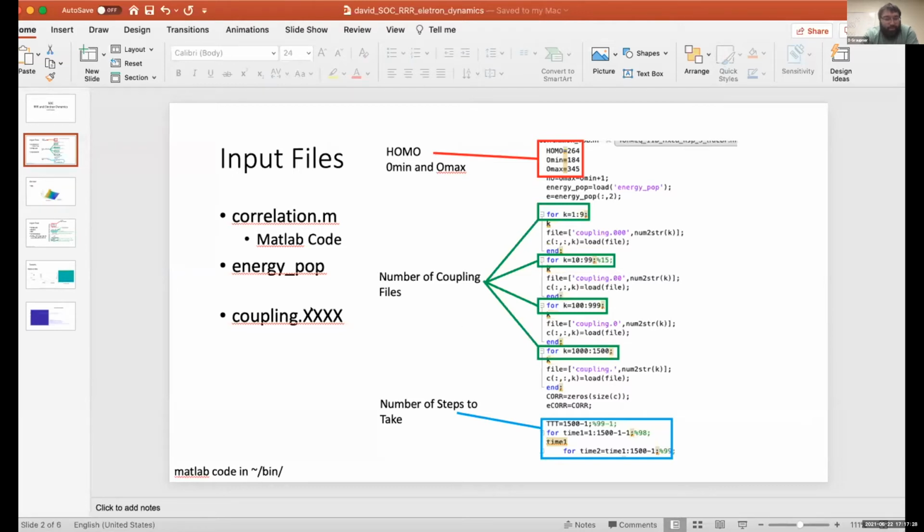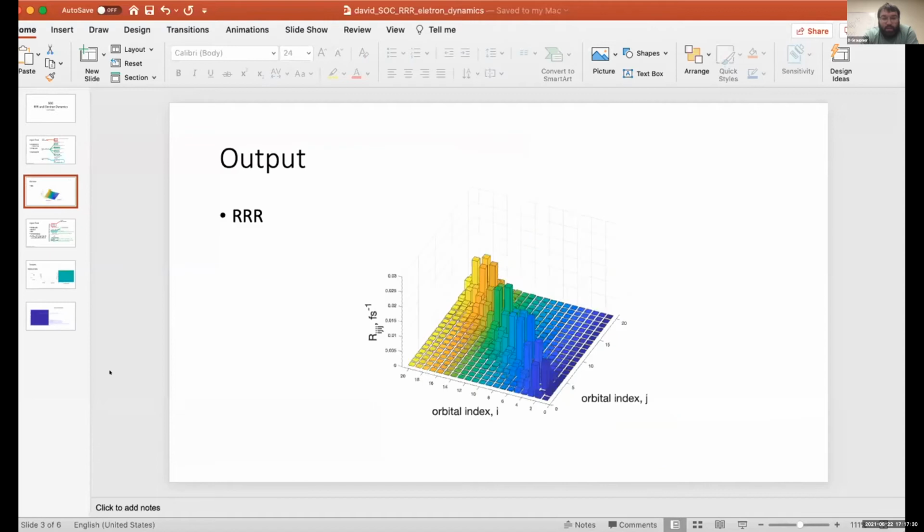So then when you run this, you get out your RRR file, which I have the visualization of here. This isn't a particularly interesting part of the file to look at because you're looking at HOMO minus 80 to HOMO minus 60.